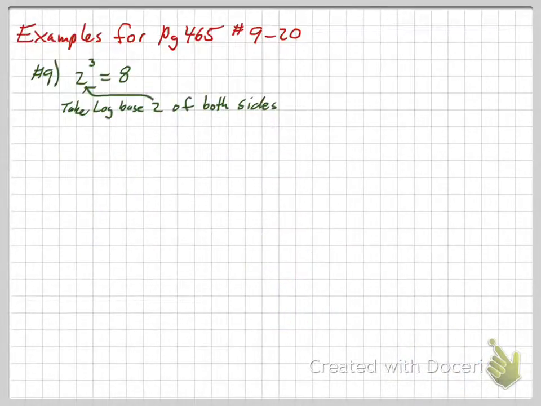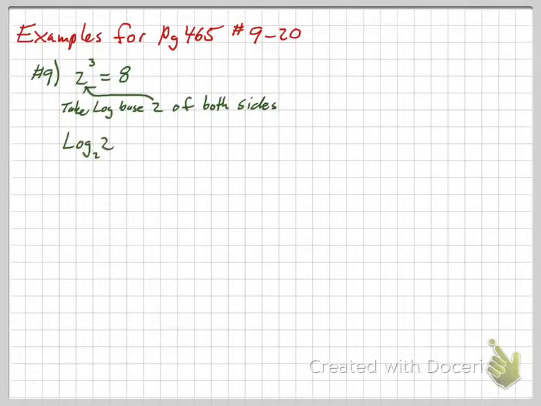Let's look at some examples from the next section. And I'm doing just the opposite. This is an exponential expression, and I want to convert it to a logarithmic expression. So I'm going to take the log of both sides, but not just any log. I've got a base 2, so my logarithm I want to be a base 2.